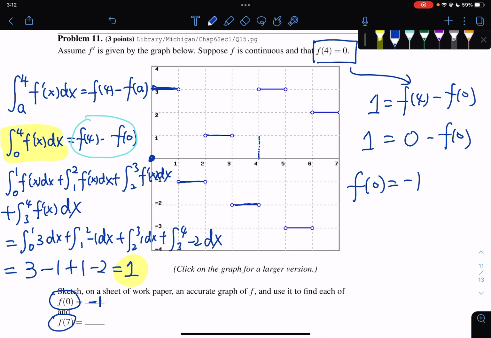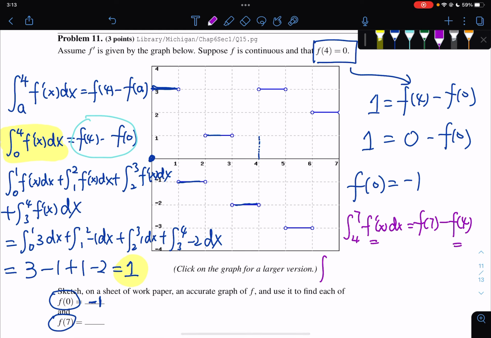Along the same line of thinking, I could construct a similar integration, but I stop at 7. So I would have the integral from 4 through 7 of f prime of x dx be f of 7 minus f of 4. I do know what's f of 4. I do know what this piecewise function is like between 4 and 7.